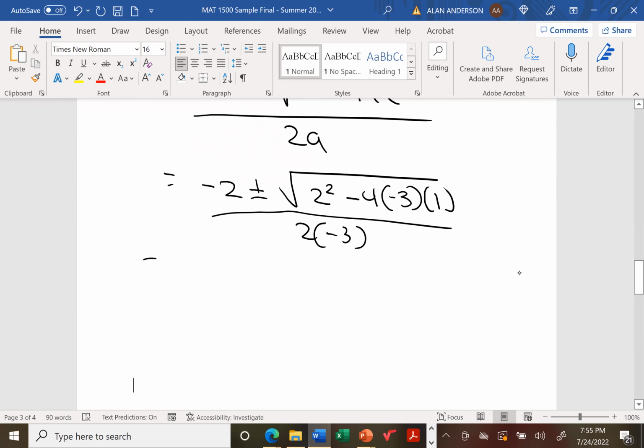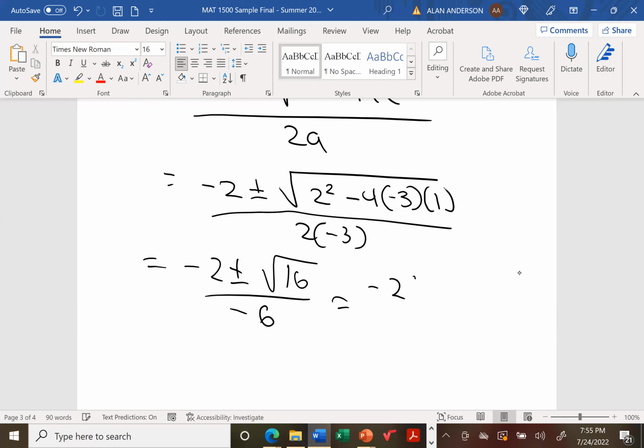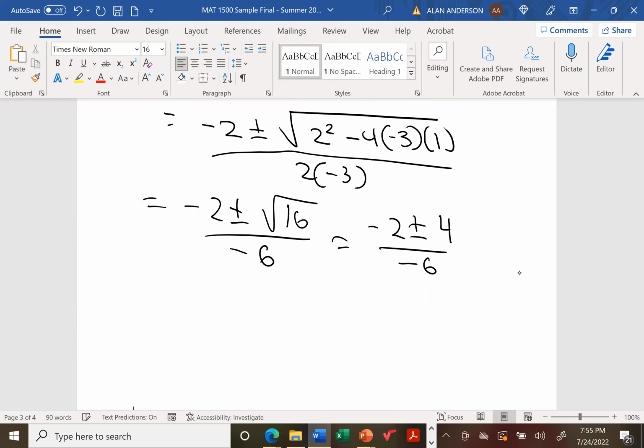So then we can simplify it a little. Now, underneath the square root sign, we have 4 plus 12. Okay, 2 squared is 4. But here we're subtracting a negative, so it's 4 plus 12. So therefore, this is 16, which is a sigh of relief for us because obviously 16 is a perfect square. Okay.